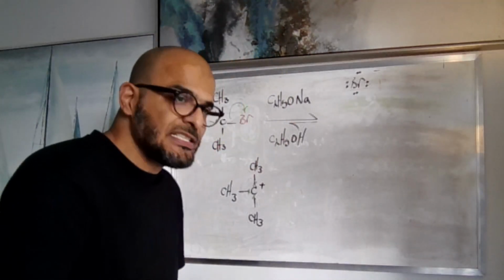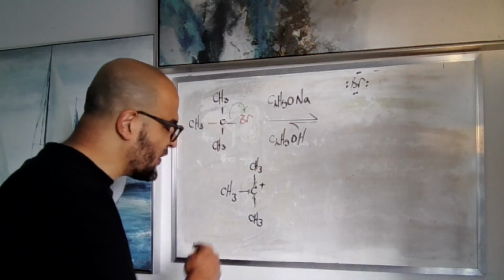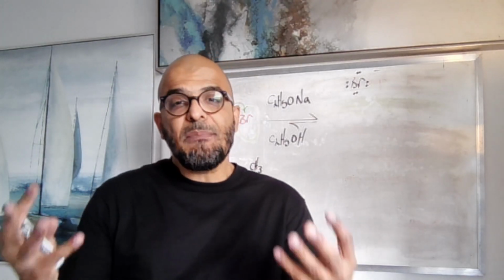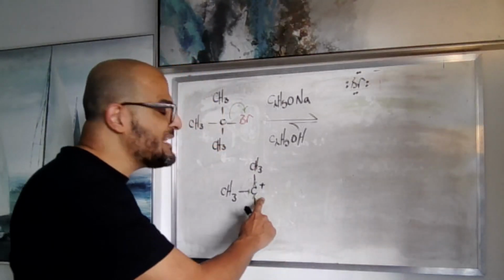It likes the negative charge. That's why we call that electrophile. Electron represents a negative field, and in Greek, philos means loving. It loves the negative charge.